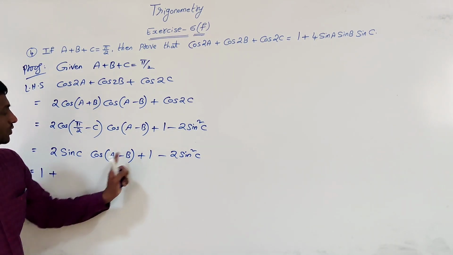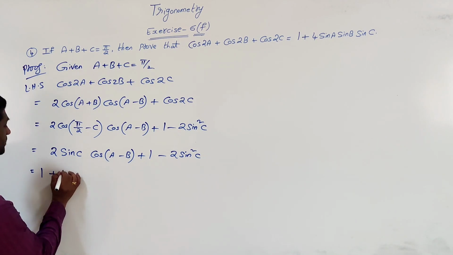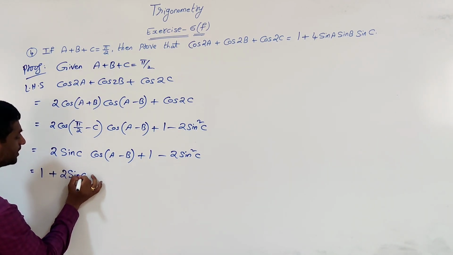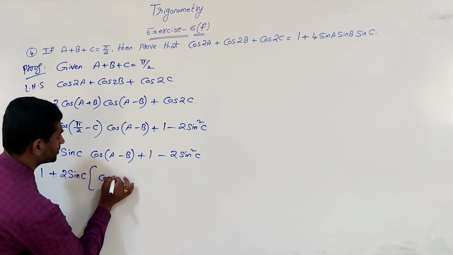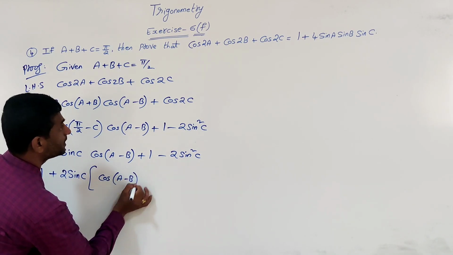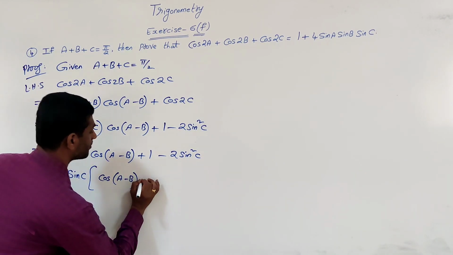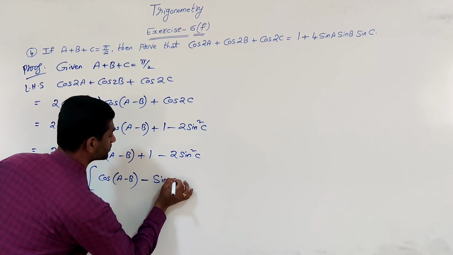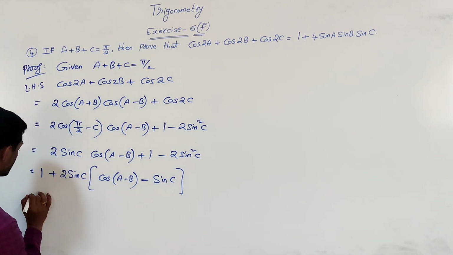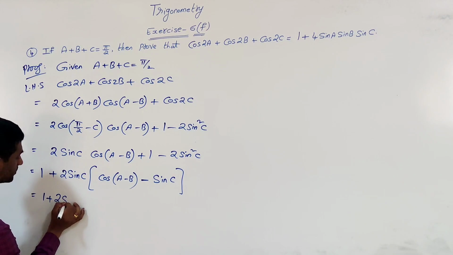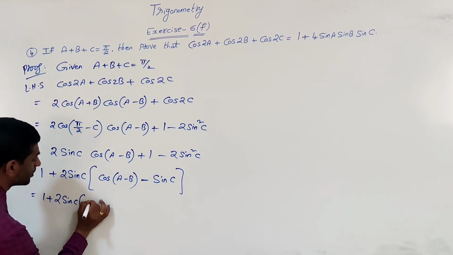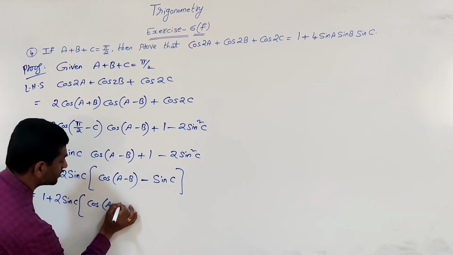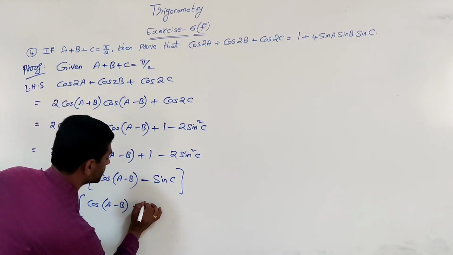Among these two terms, 2 sin C is common. If we take 2 sin C common, then it will be cos of A minus B minus sin C. 1 plus 2 sin C cos of A minus B minus sin C.